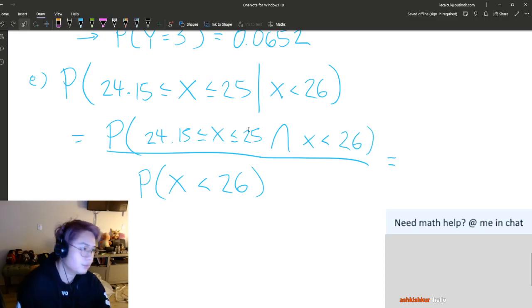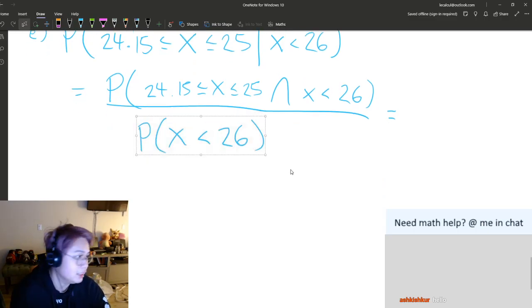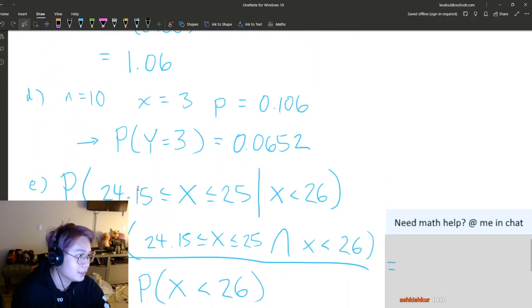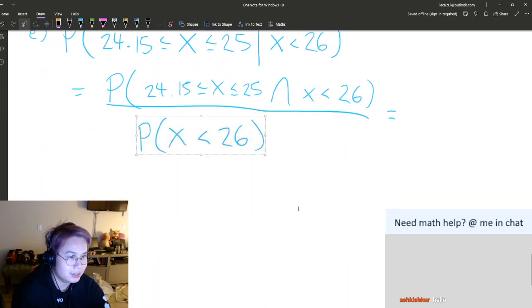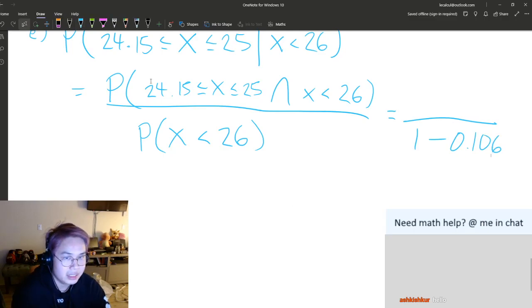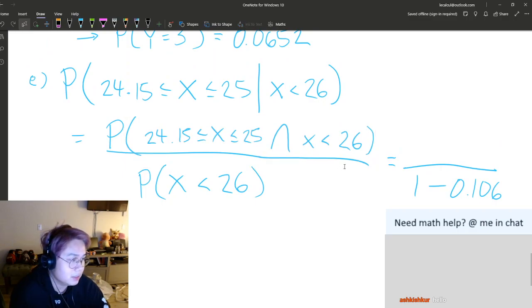Okay, so there's a few things to unpack. One, we need to calculate this. We know the probability of it being greater than 26, so the probability of it being less than 26 is the complement. So I'm going to take 1, subtract 0.106. And then you need to think about what this is. Now, think about it from a common sense perspective. If it's less than 26, then it will already be here.